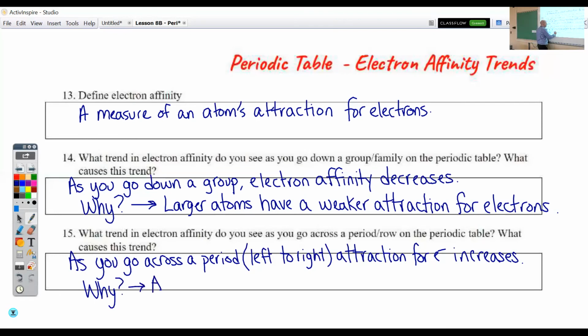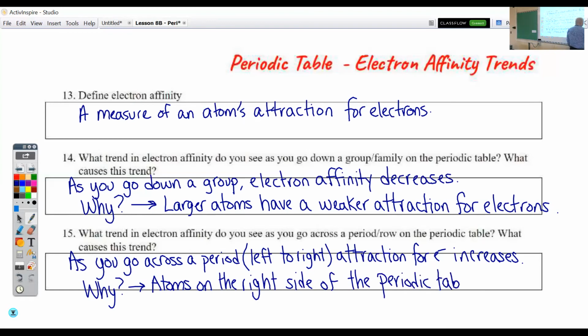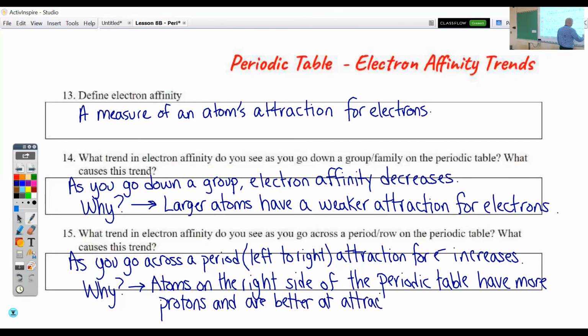We're going to say atoms on the right side of the table have more protons and are better at attracting electrons.